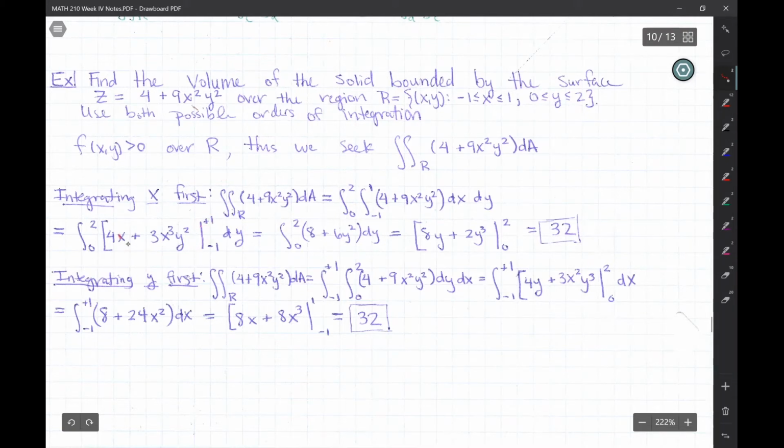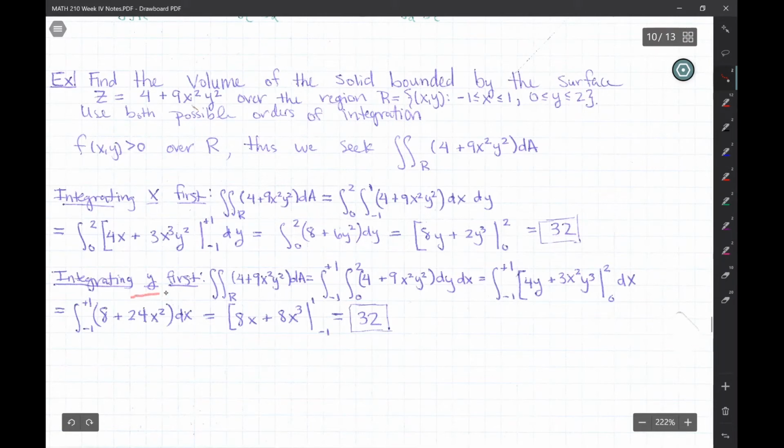You plug them into x. So you'll plug 1 into x, you'll plug 1 into x cubed, you'll get something, and then you subtract that same expression, but with -1 plugged into x, and you should get 8 plus 6y squared there if you do that. And then integrate over y, and this is now just an integral with one variable, so we get 32.